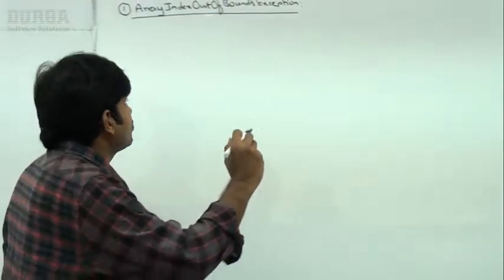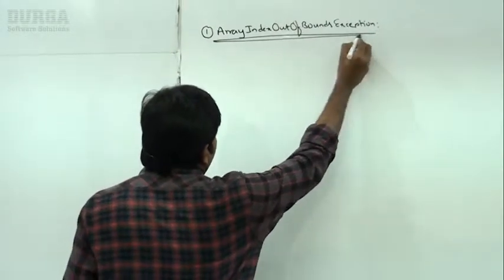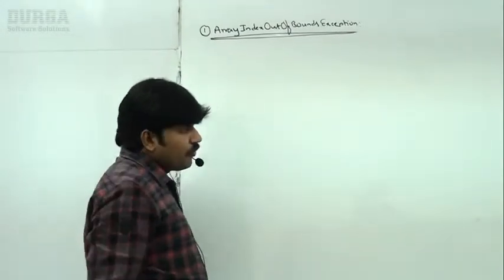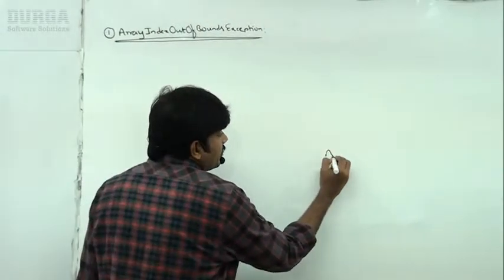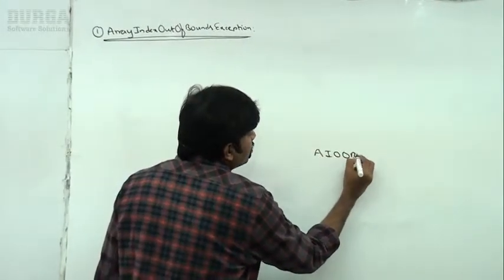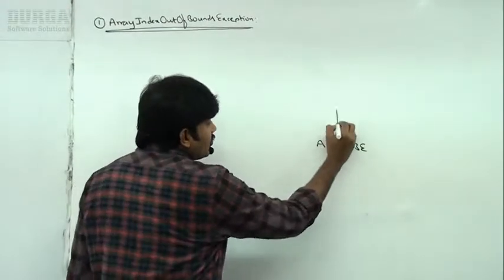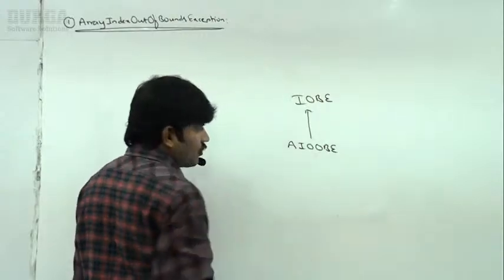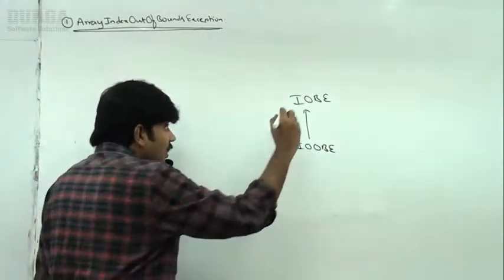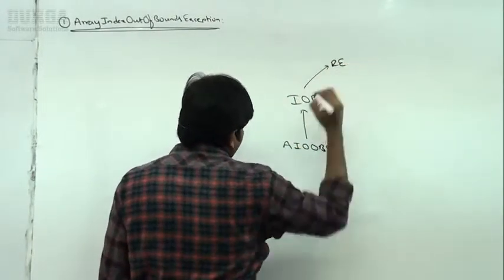The first is ArrayIndexOutOfBoundsException. ArrayIndexOutOfBoundsException is the child class of IndexOutOfBoundsException, which is the child class of RuntimeException.